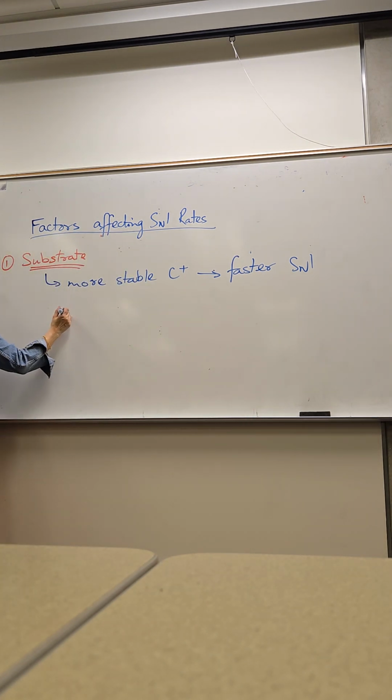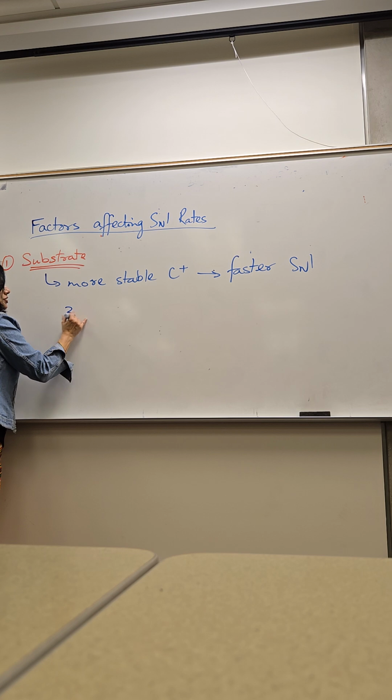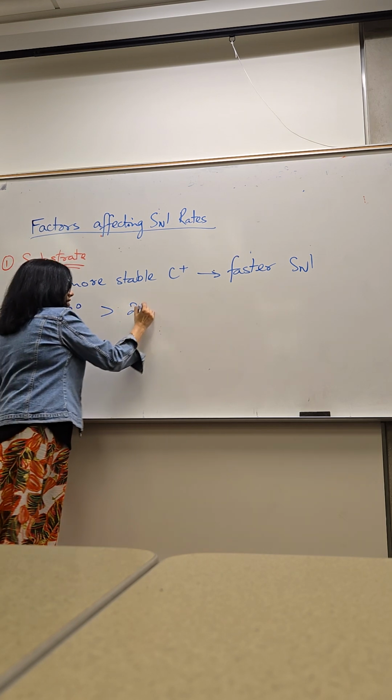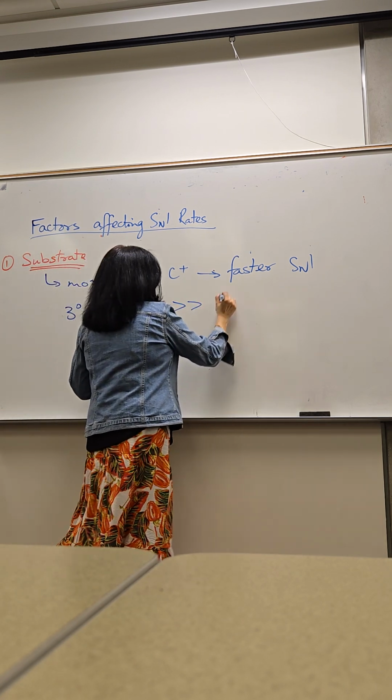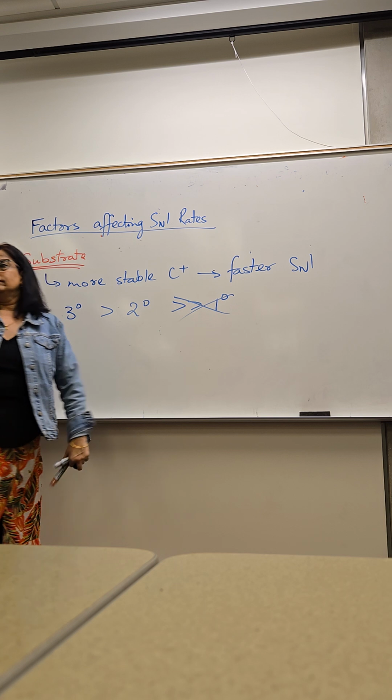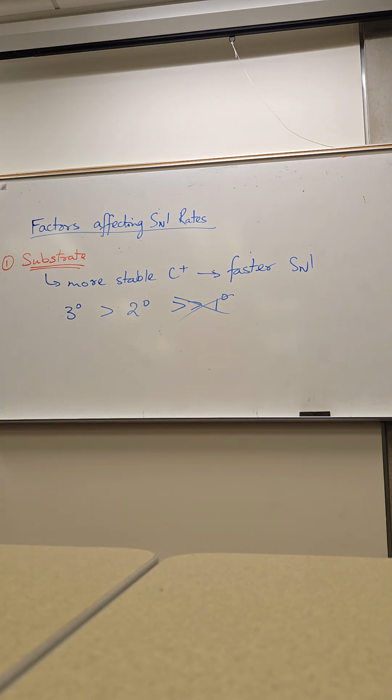So absolutely, typically speaking, tertiaries, fast, secondaries, okay, primaries, never. They don't do SN1 because they can't make a stable carbocation. Of course, allylic, benzylic, yeah, absolutely, they can do because the carbocation is stable.